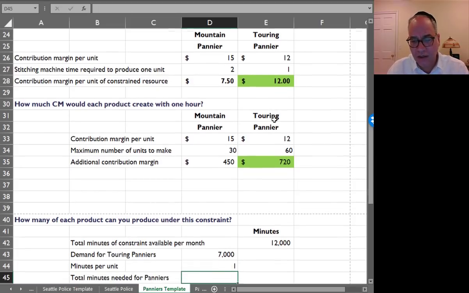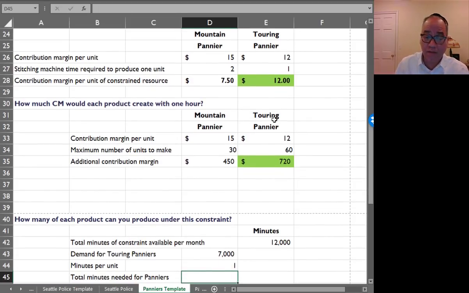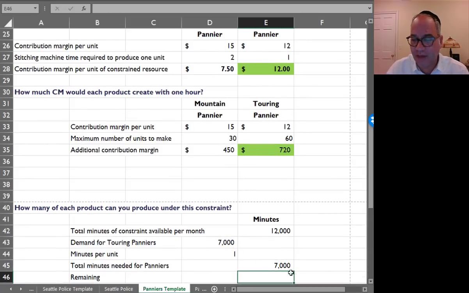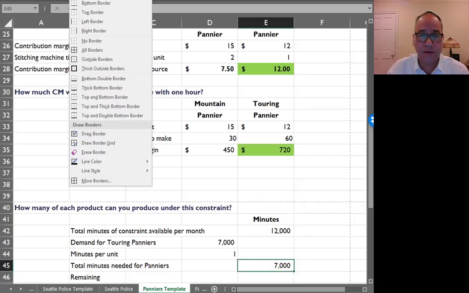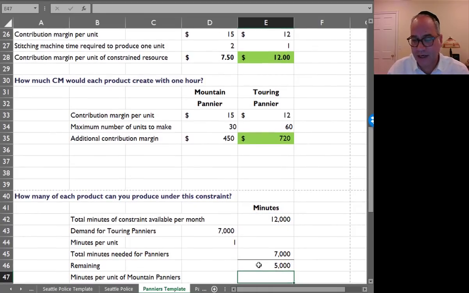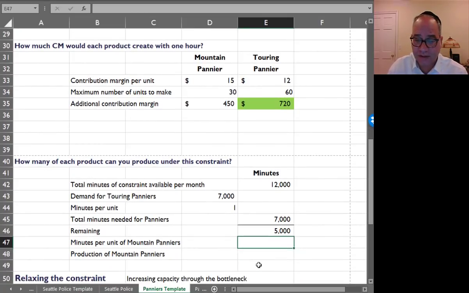Each one only takes 1 minute out of the stitching machine. So the total minutes needed would be 7,000 times 1. I make all the units that I can possibly sell, 7,000. That takes up 7,000 minutes, and that leaves me with 5,000 minutes.